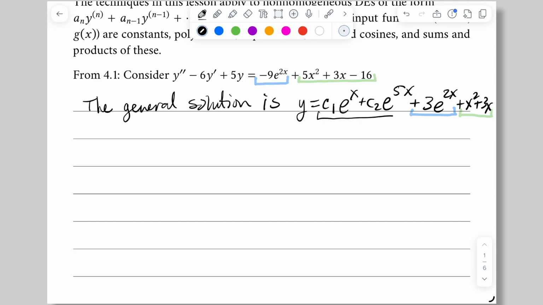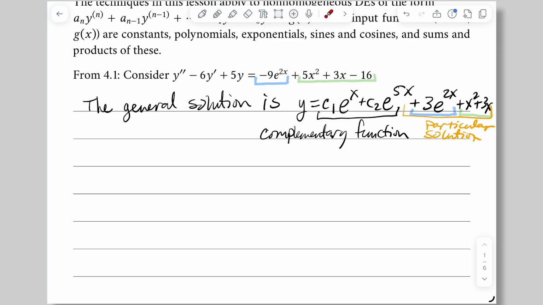Now, finding this complementary function is a necessary first step for basically the rest of this chapter. The particular solution is a feature of non-homogeneous differential equations solutions and is the focus of this set of videos.